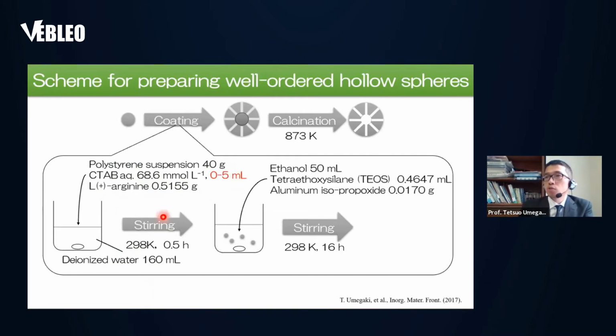After stirring the solution, ethanol, silicon, and aluminum alkoxide were added into the suspension, and the mixed solution was further stirred. After filtration and drying, the obtained precursor was calcined at different temperatures.